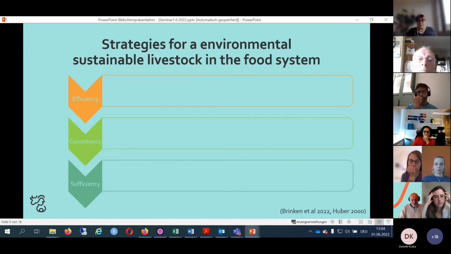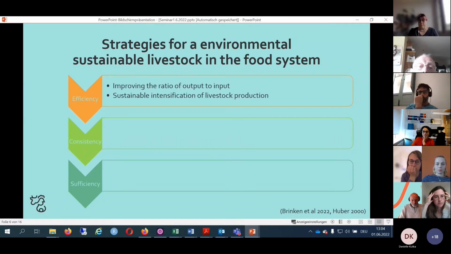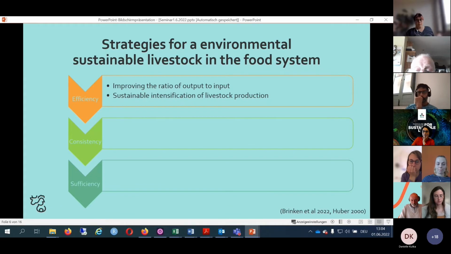Well, for the strategies for an environmentally sustainable livestock in the food system, we found three of them in the literature review. We talk about efficiency, consistency, and sufficiency. Efficiency is about improving the ratio of output to input, which is basically saying, how can we produce more by using fewer resources?